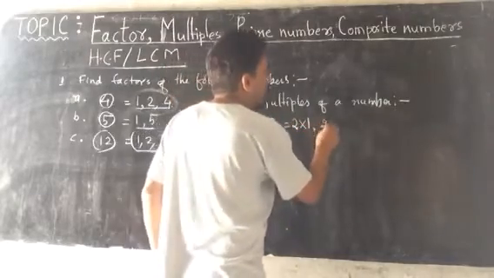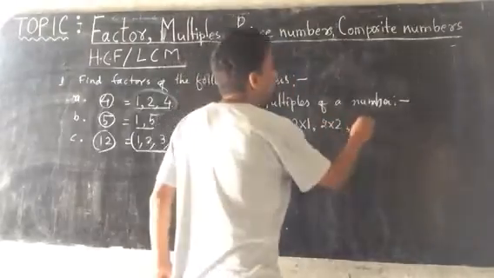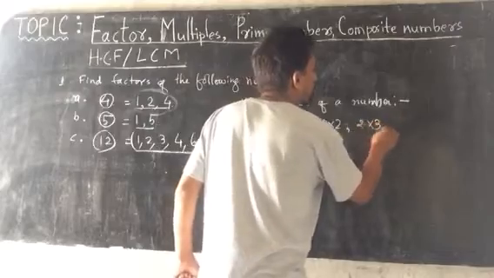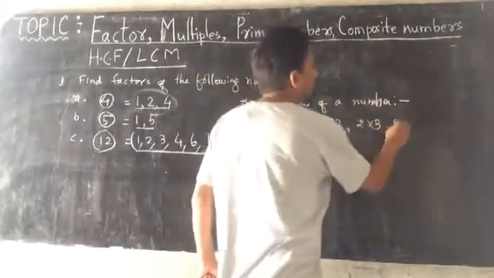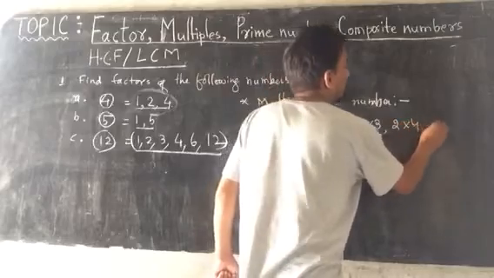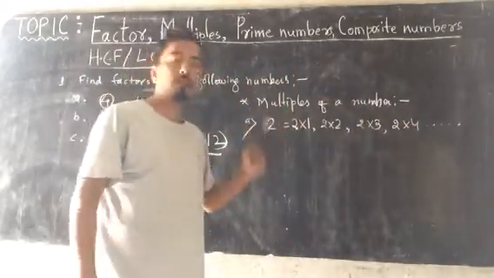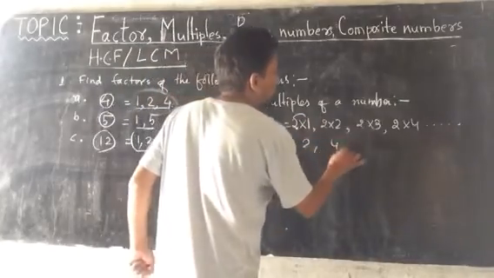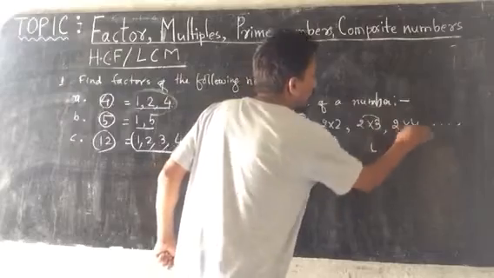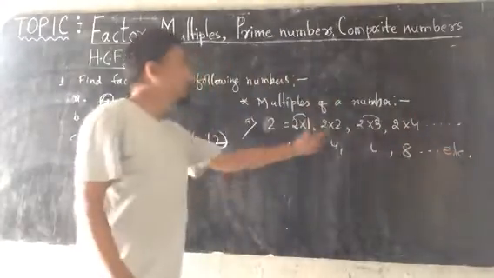If you multiply 2 by 2, you get another multiple of 2. If you multiply 2 by 3, another multiple, and 2 by 4, and in this way you can get several multiples of a particular number. Like 2 times 1 is 2, 2 times 2 is 4, 2 times 3 is 6, 2 times 4 is 8, etc. These are the multiples of 2.